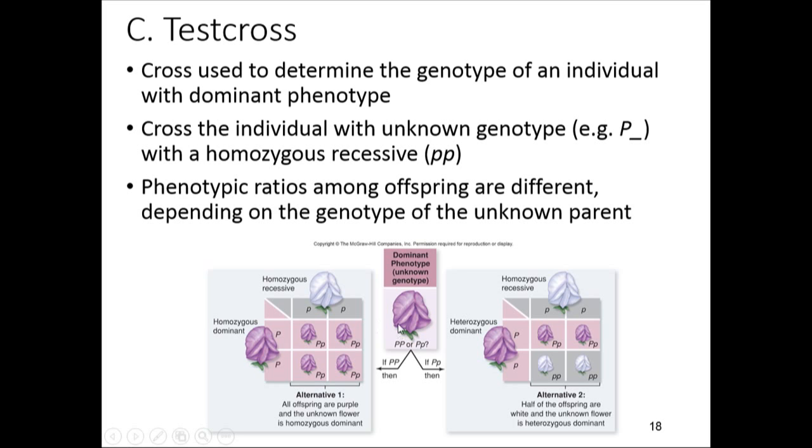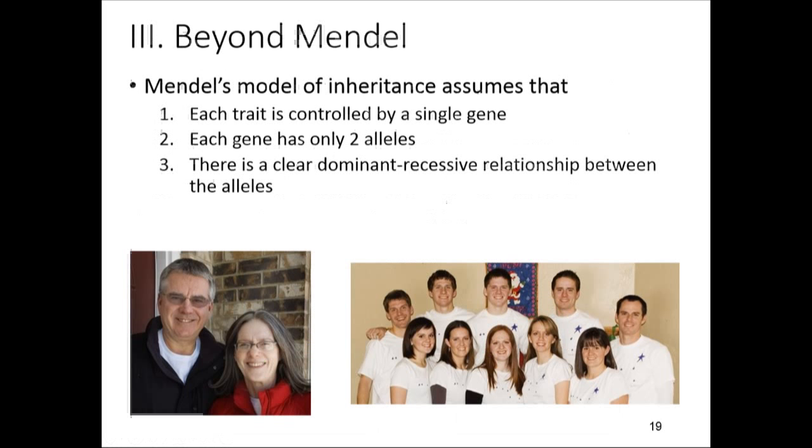Let's say it was heterozygous, big P, little p, and you crossed it with a little p, then you would get a 50-50 purple to white ratio. But if it was homozygous dominant and you crossed it with a homozygous recessive, then they would all be purple. So that's how you could tell.